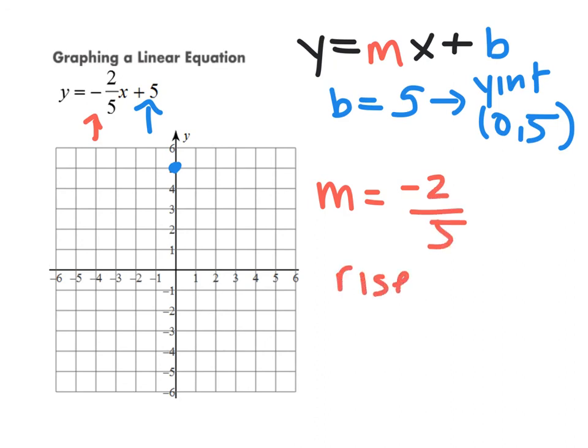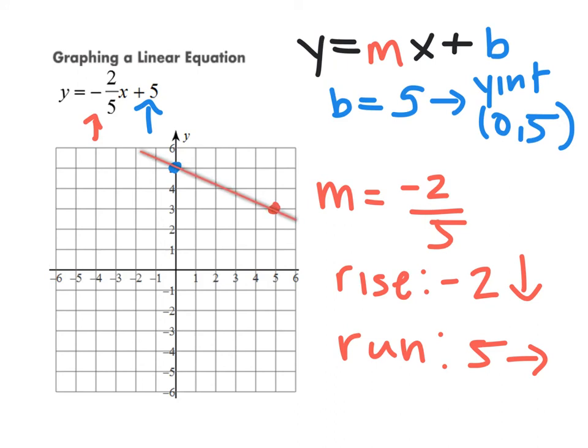This means that our rise is -2, so we're going to move down, and the run is 5, so we're moving to the right. So I'm going to move down 2 units and over 1, 2, 3, 4, 5. And then finally, I will draw in my line and draw the arrowheads at both sides.